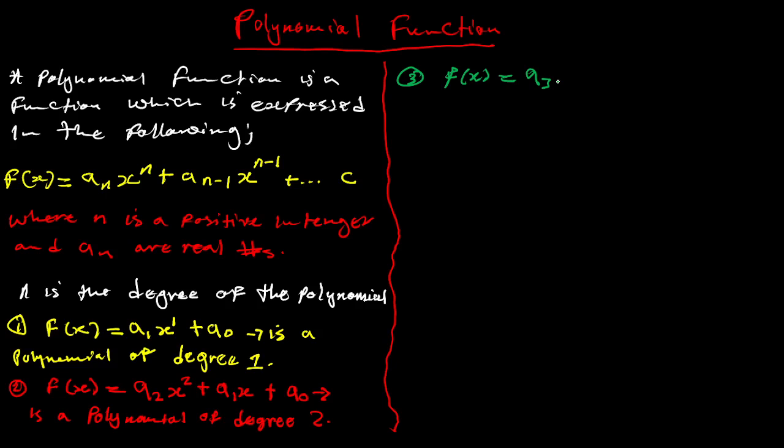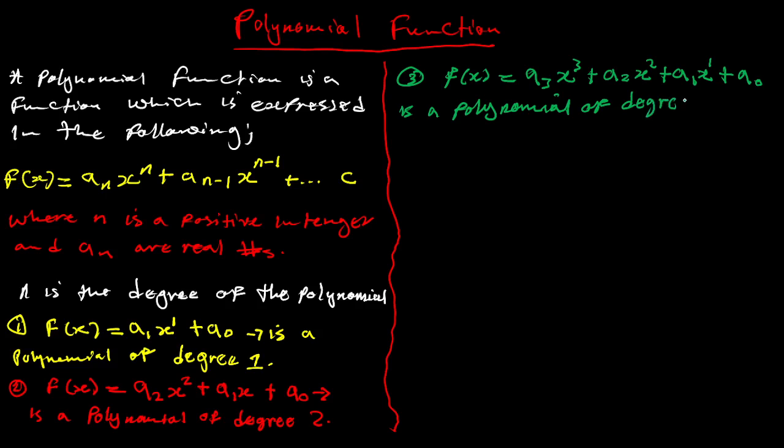So from here, what you have to understand is that this is a polynomial of degree 3. This is just a polynomial of degree 3, because the highest degree in this case is simply 3.